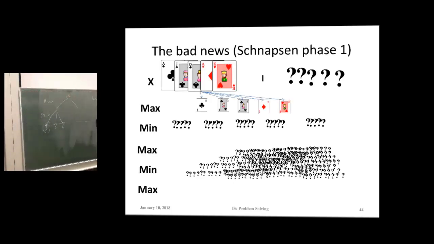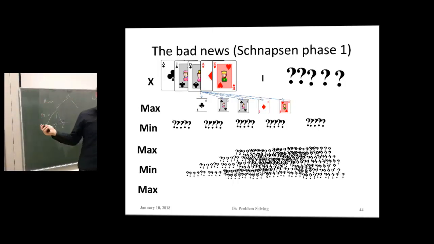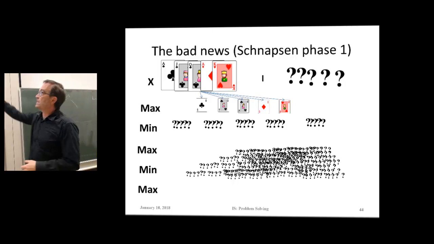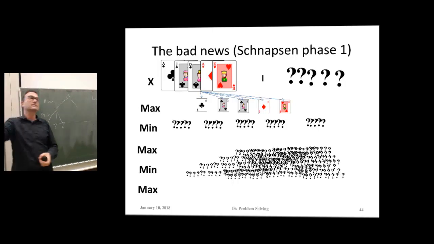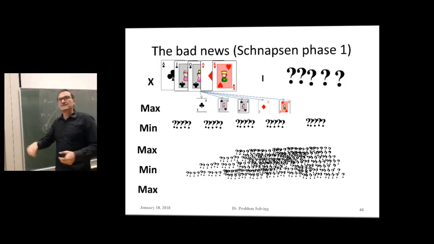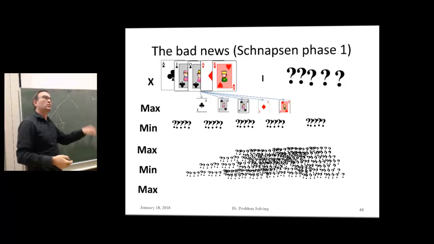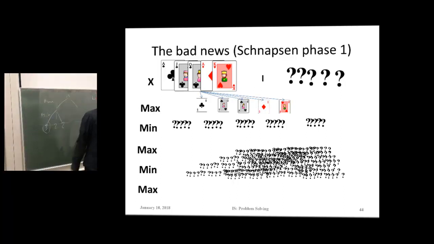So this is the bad news that I talked about before. We have 5 cards in one hand. This is now the starting position. We start phase 1, 14 cards are unknown. So 5 cards, I know where they are in my hand. And there is the trump card. The trump card is the one that, after the 10 cards are given, is opened, and it determines what the trump is, and it will be distributed as the last of the cards from the pile.